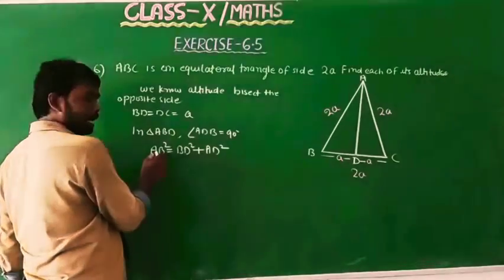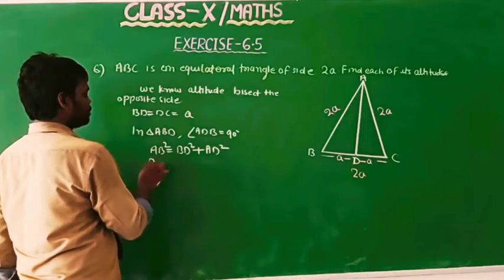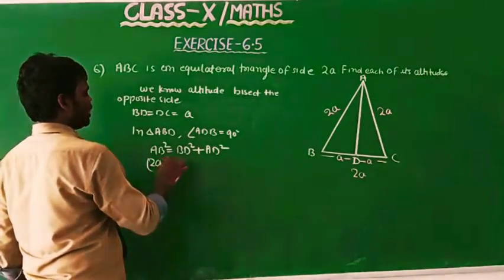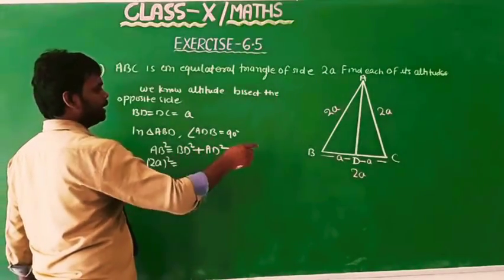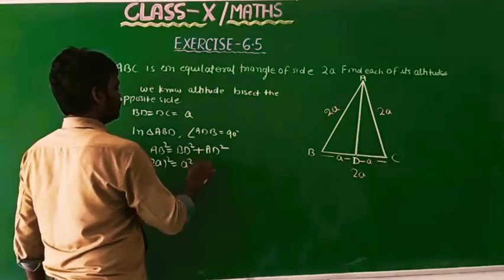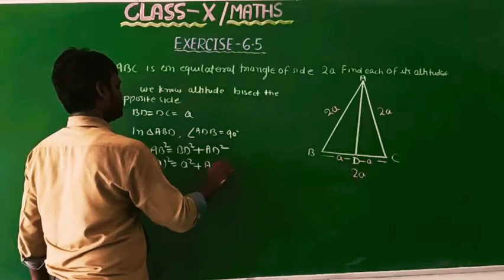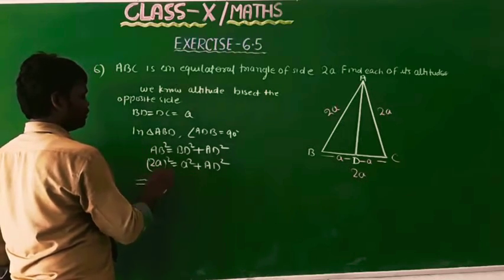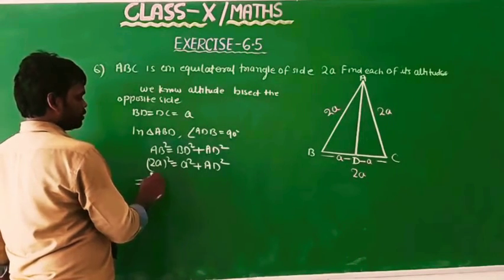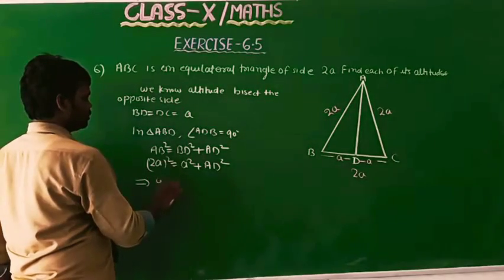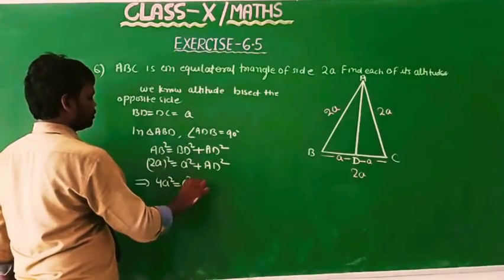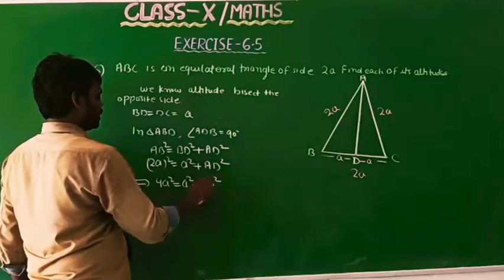Here we have side AB equal to 2a, so (2a) square equal to BD, which is a square, plus AD square. Now simplify. So this is 4a square equal to a square plus AD square.